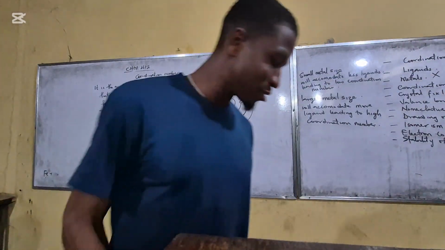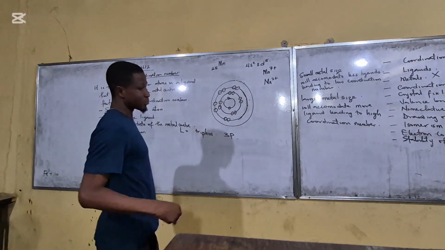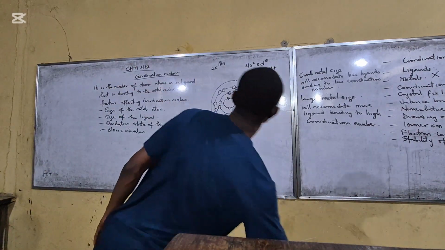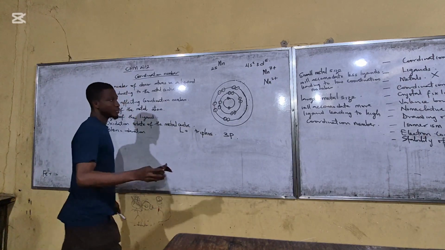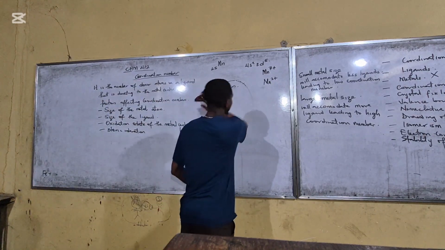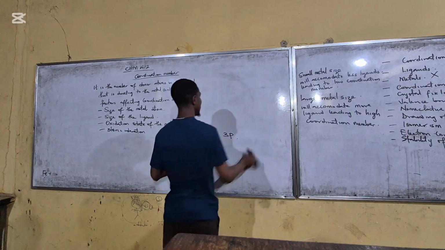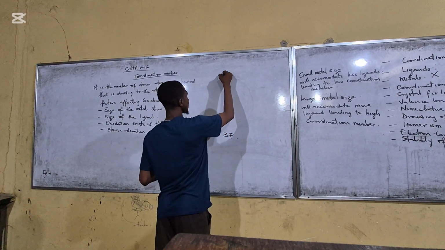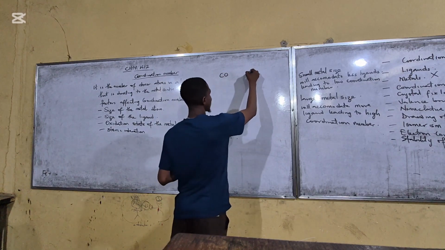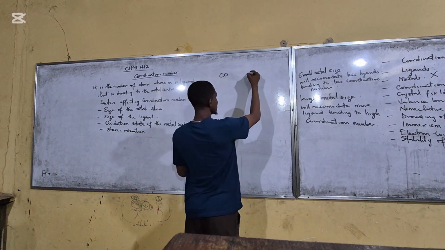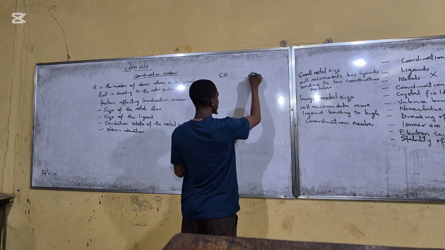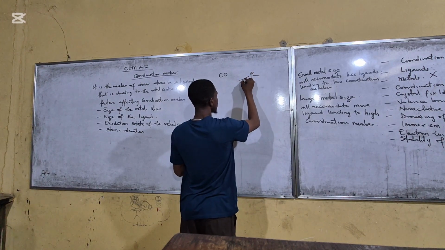Size of the ligand. Yeah, let's look at size of the ligand. Now, first of all, think about it with me. If we had a bulky ligand, let's look at it together. Let's say we had CO and we had PPh3. Remember, PPh3 looks like this.